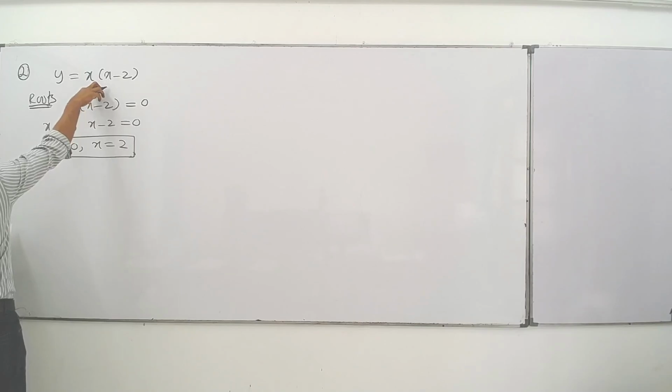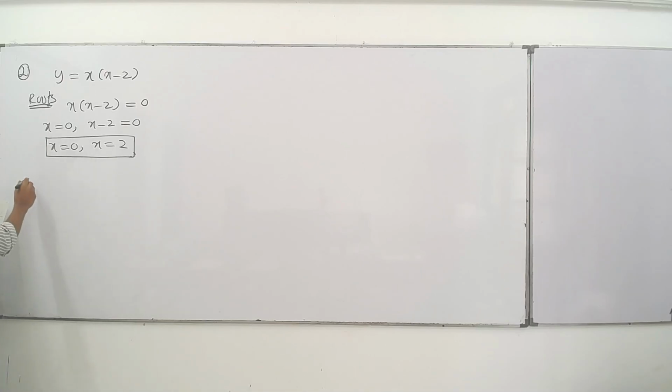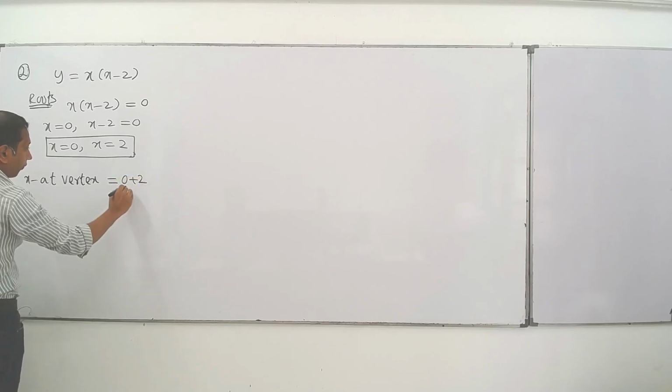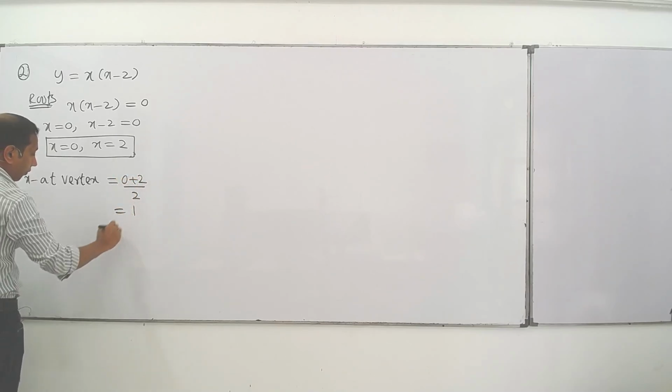This graph has a vertex. The x coordinate of the vertex we can take by adding the roots and dividing by 2. It is nothing but 1.